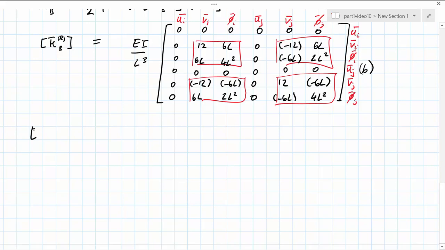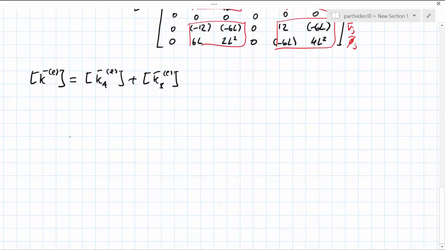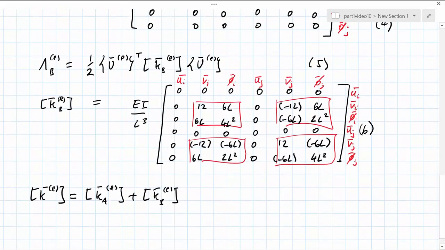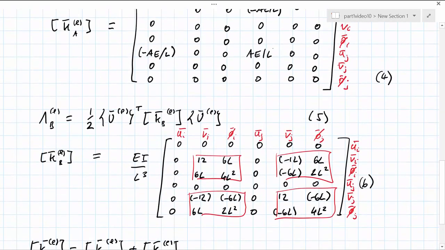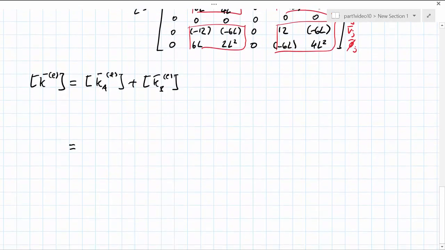So we may write K bar E is equal to K bar A plus K bar B. And that then results in the matrix which just sums up equation 6 and equation 4.